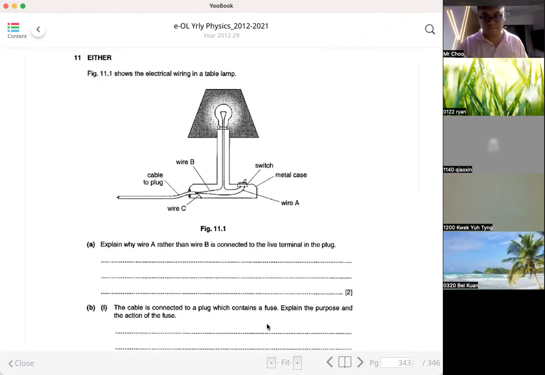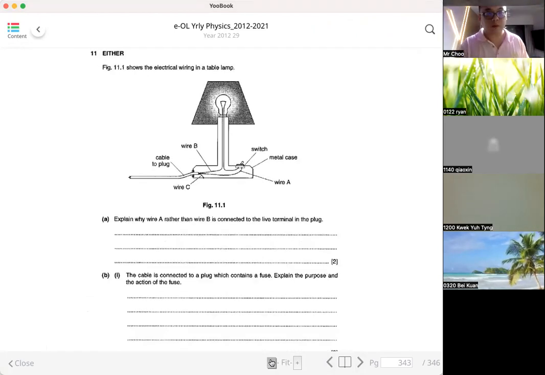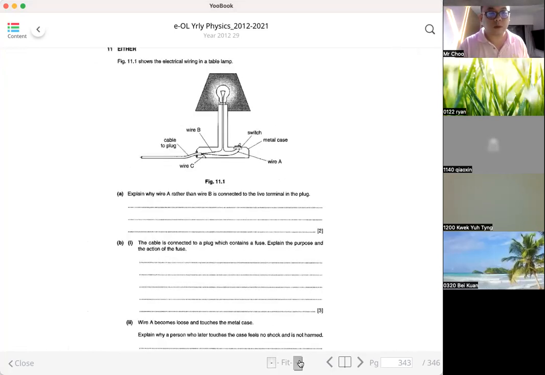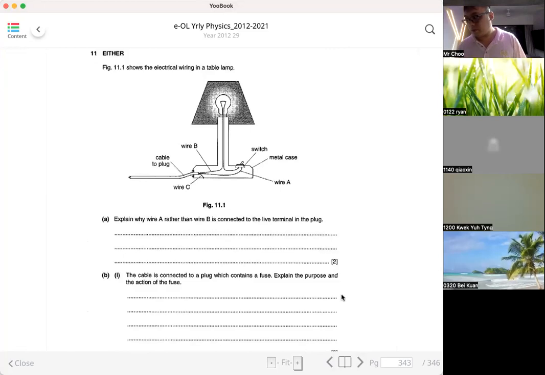Okay, shoot. Okay, Bei Kwan, don't use the word reusable. You can use the words can be reset easily. Don't use the word reusable.